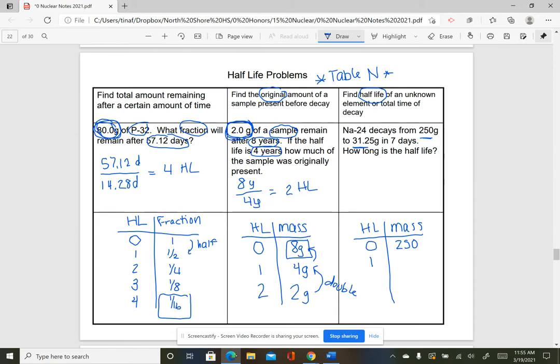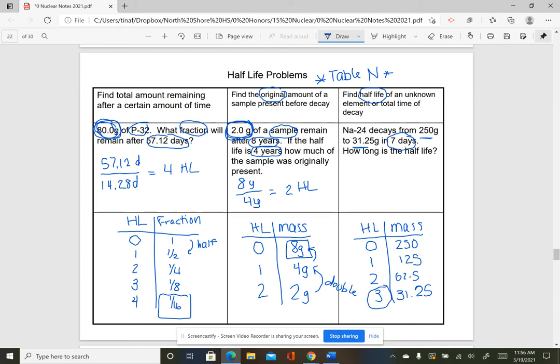If I cut this in half once, I'm down to 125. If I cut it in half again, I'm down to 62.5. If I cut it in half one more time, here's my 31.25. So I can figure out that 3 half-lives went by. I also know that those 3 half-lives took 7 days.